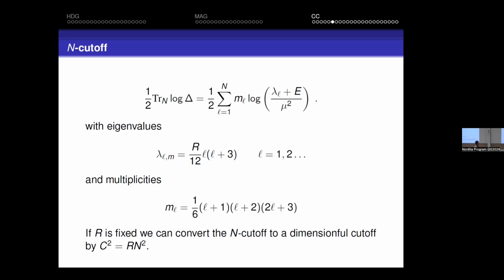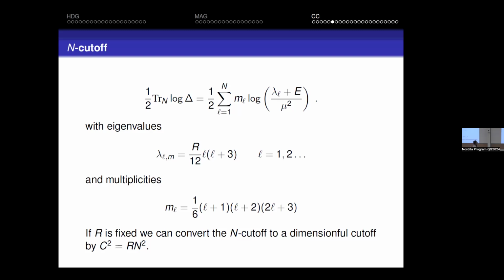And they are degenerate, and the multiplicity is this cubic polynomial in L. So this trace log is 1/2 sum over L of the multiplicities times the logarithm of the eigenvalue of the Laplacian plus E over mu squared.